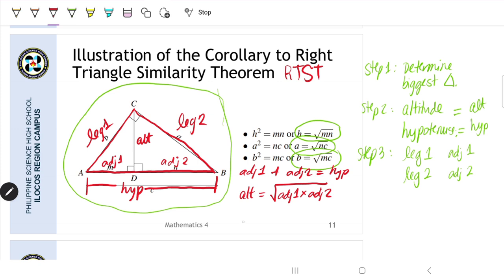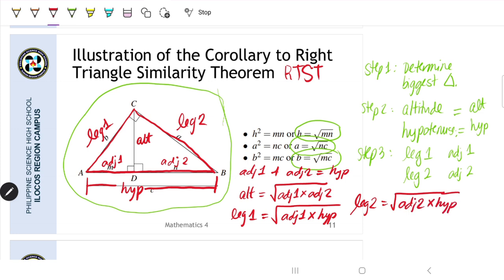So next, paano ko naman kukunin si leg 1? So kung si leg 1 ang gusto ko, yun ay square root ni adjacent 1 times hypotenuse. And kapag gusto ko si leg 2, so siya ay square root ni adjacent 2 times hypotenuse. Okay, so don't forget na meron tayong square root kasi geometric mean.